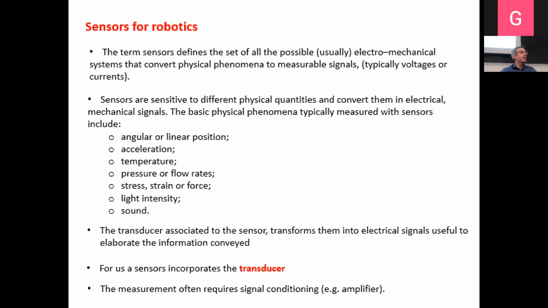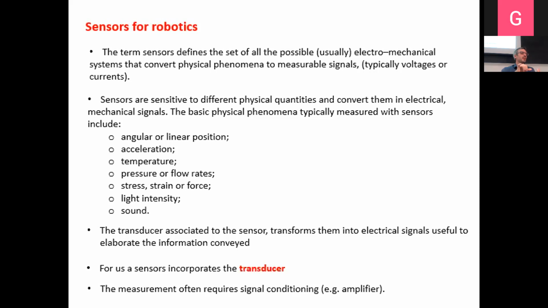And we want to acquire with our electronic boards, National Instruments ones or our custom ones, a signal between 0 and 10 volts. So we need a component that does the signal conditioning, that contains an amplifier, for example, to adjust the range of the sensor to the range of the acquisition of the electronic boards.